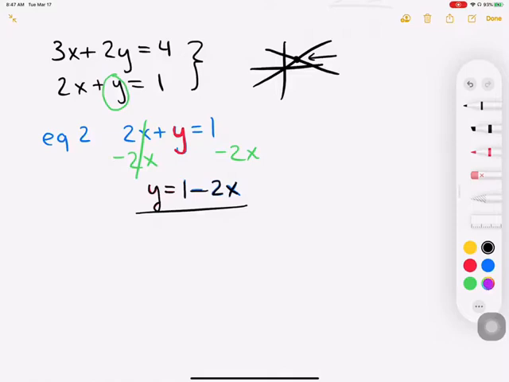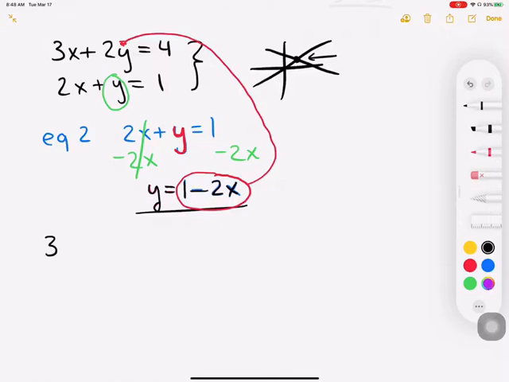I solved for one of the variables, the first step in the substitution method. The next step is to take this expression that I just found, and since this says y equals, I replace the y in the other equation with the expression I just found. That should give me an equation with only x's in it.